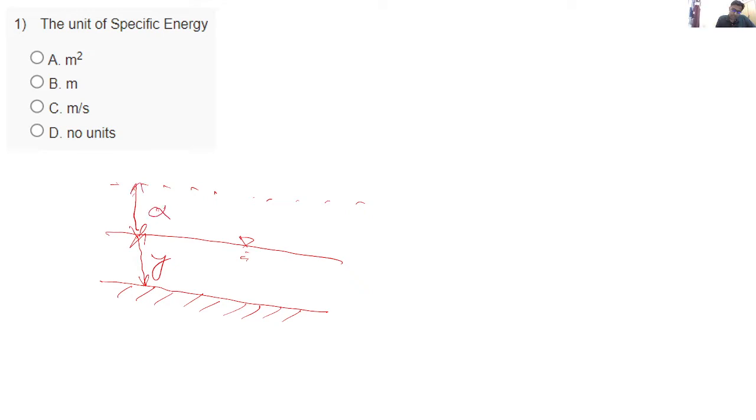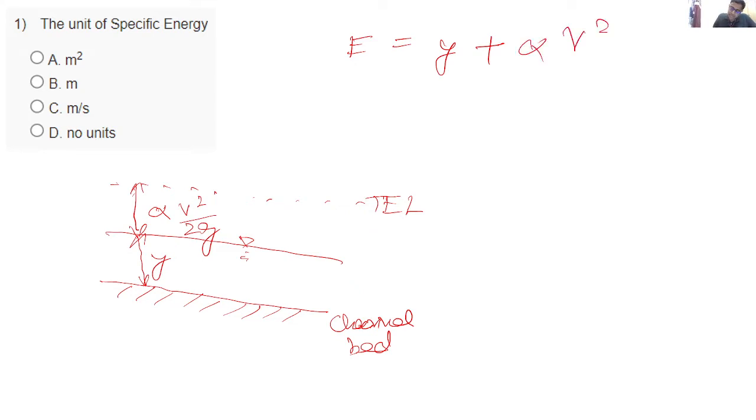The velocity head can be written as alpha times v square by 2g. This dotted line is the total energy line, and this one is the channel bed. So the specific energy, which I am writing here as E, is nothing but the sum of these two quantities: y, that is the water level depth, plus alpha times v square by 2g, that is the kinetic energy head.